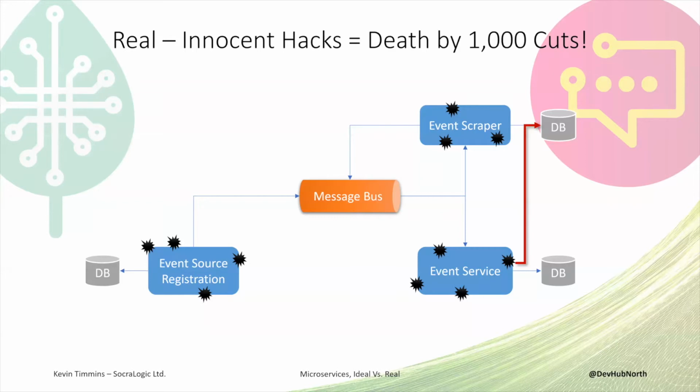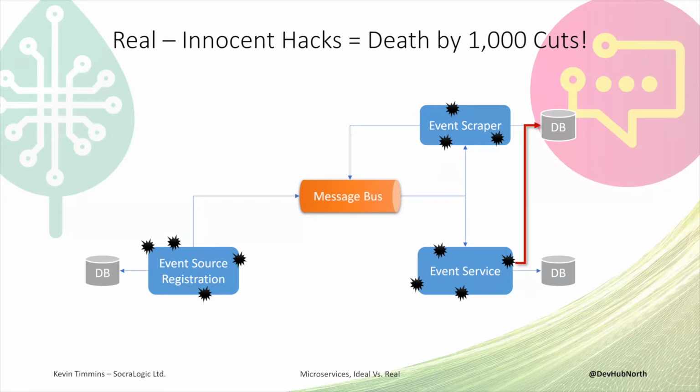Essentially, we start getting into death by 1,000 cuts. Every single innocent hack seems harmless at face value. But when you combine them all together, what you end up with is a very fragmented code base and very fragmented services, logic not quite in the places it should be. And did you see that innocent hack in the event service, which has started to just cheekily speak to the event scraper's database?